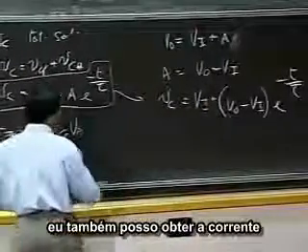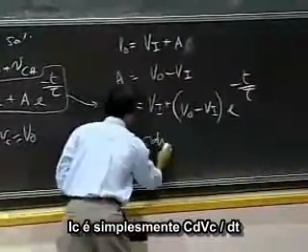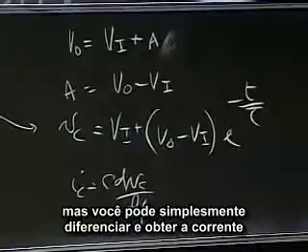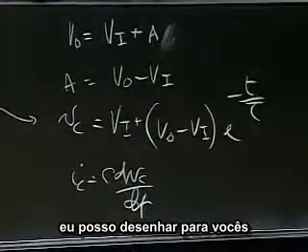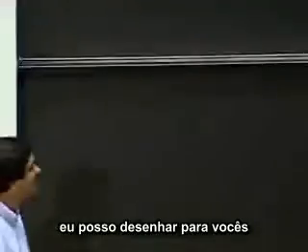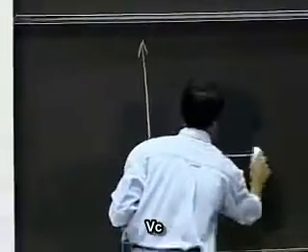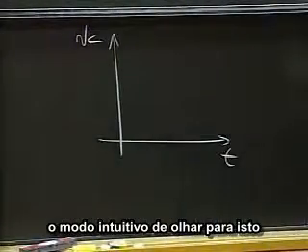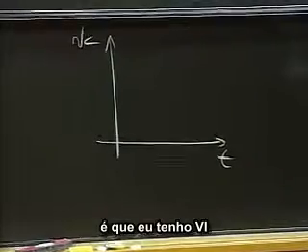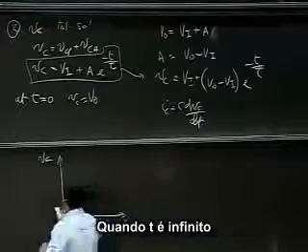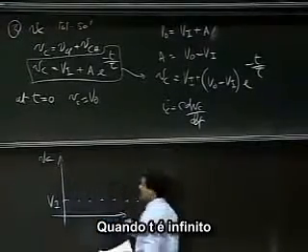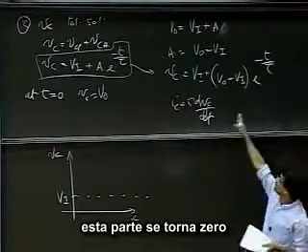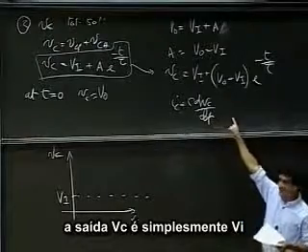All right. You can also get the current. IC is simply C dVC by dt. I won't do that for you, but you can simply differentiate it and get the current. So I can plot for you VC versus time t. The intuitive way of looking at this is I have VI, which is the final value of the voltage. When t is infinity, this part goes to 0, so the VC is simply VI.